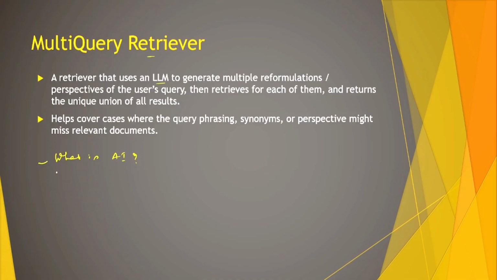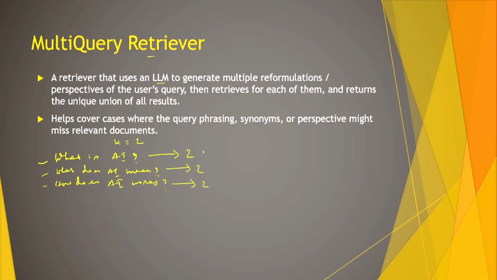Suppose: what does AI mean? Another might be: how does AI work? Like this, using the LLM, this retriever creates multiple queries against our main query. Now if we mention k equal to 2, then each query will retrieve 2 relevant documents.